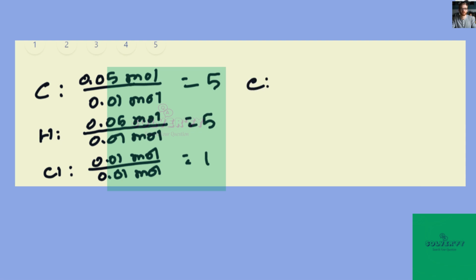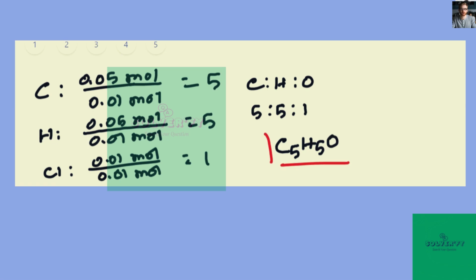So the simplest whole number ratio here will be 5 is to 5 is to 1, and that means the empirical formula for this substance will be C5H5O. Oh, not O, it is Cl, C5H5Cl. So this is the empirical formula for this substance.